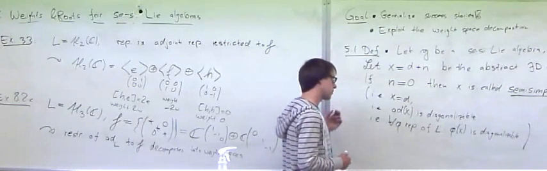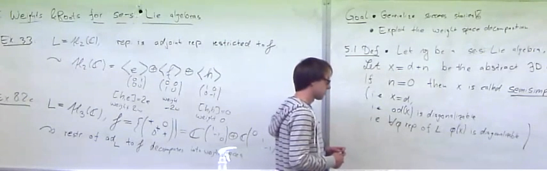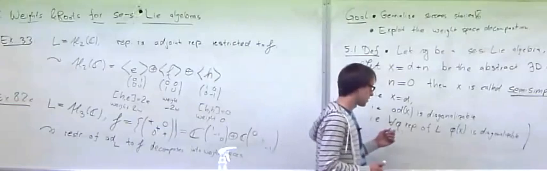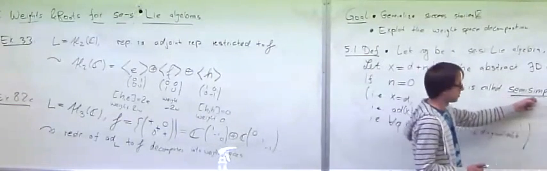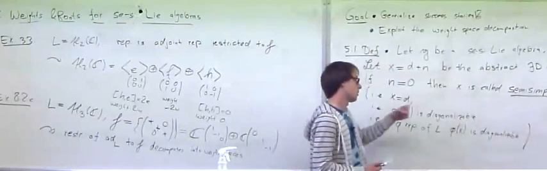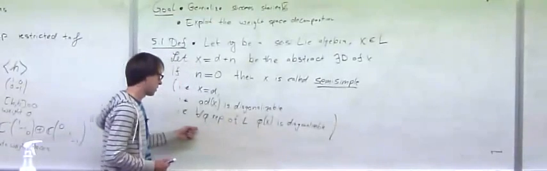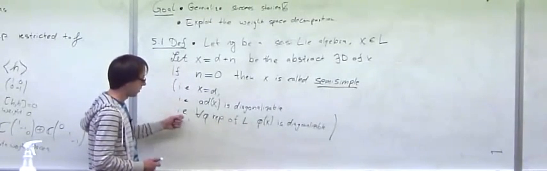If we want to find representations with many weight spaces, then we want to find representations where elements act diagonalizably. And this is why this notion of an element being semi-simple is so important. If we have a semi-simple element, then by this last theorem, this will act diagonalizably on any representation of our Lie algebra. So this is very good.